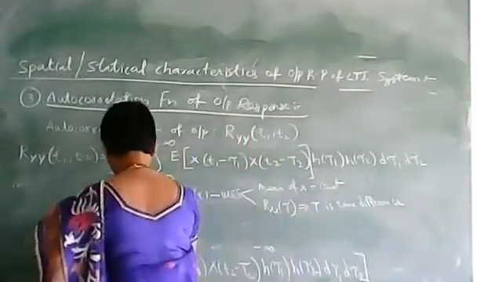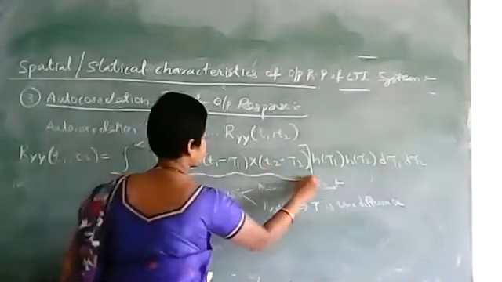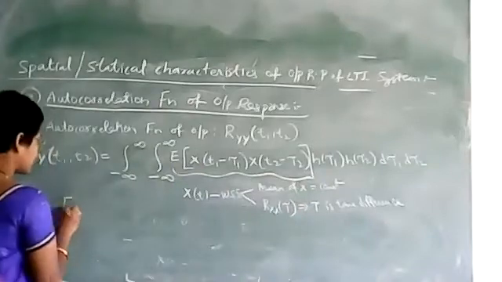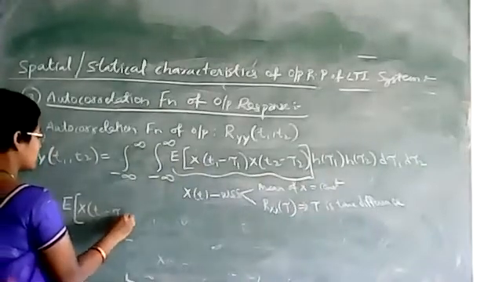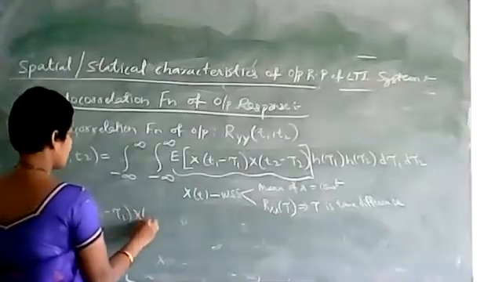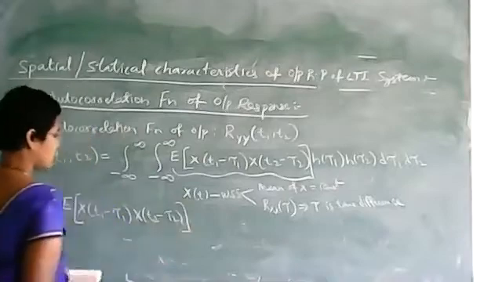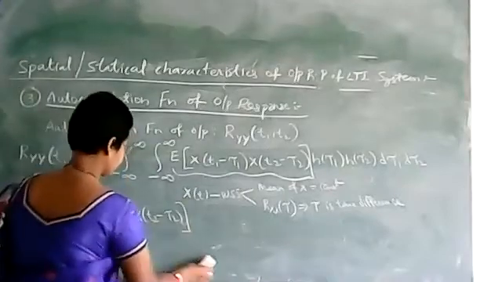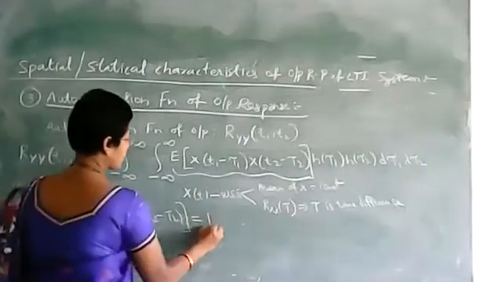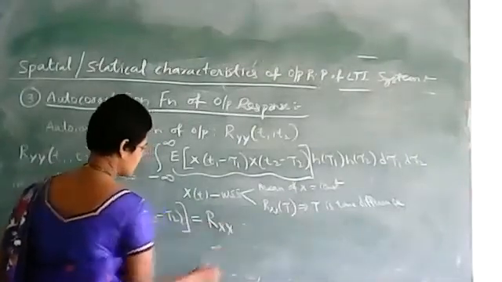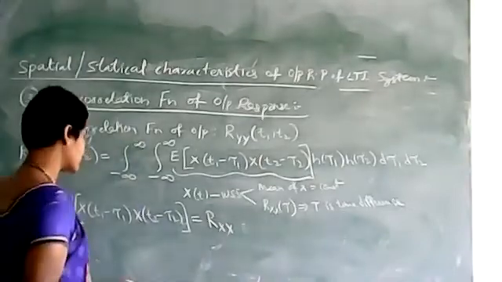Since x of t is white and stationary, this expected value of x of t1 minus tau 1, x of t2 minus tau 2 can be written like this. Both are x, so we write it as R_xx.